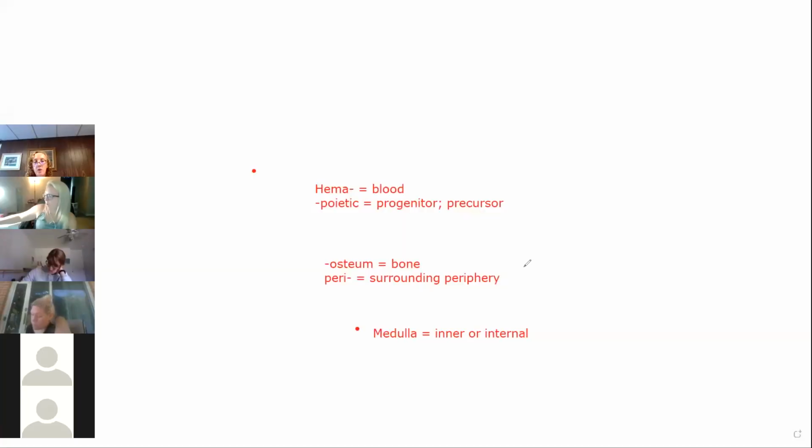Osteo means bone. Genic means a precursor for cells that can be formed, or creating. So osteogenic is something that's going to create bone.